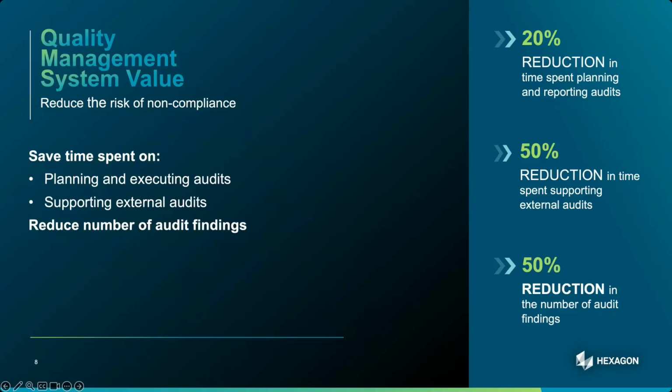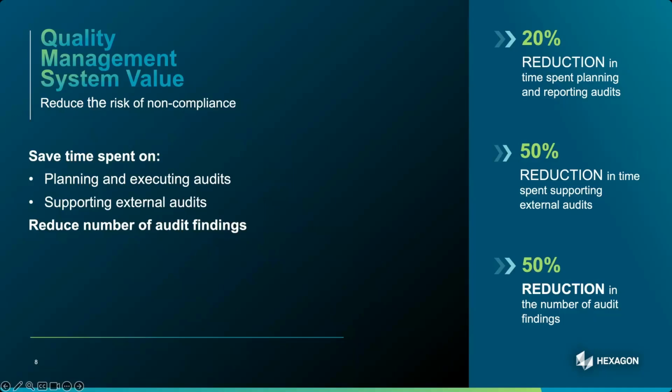So when you're looking at quantifying what this all means, as part of our research project, our customers saw the time spent planning and reporting on audits drop 20%. And when it came to the time supporting the external audits, they saw a 50% reduction. And then for the number of audit findings, our customers saw that number go down 50%.